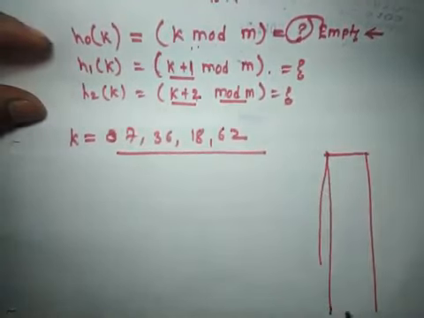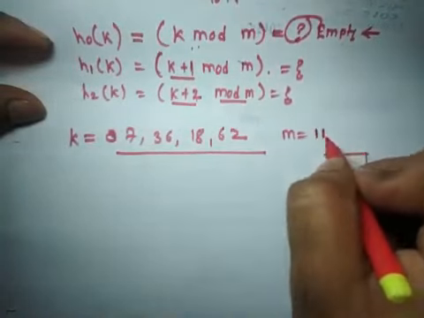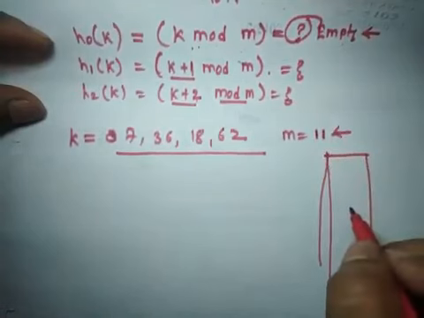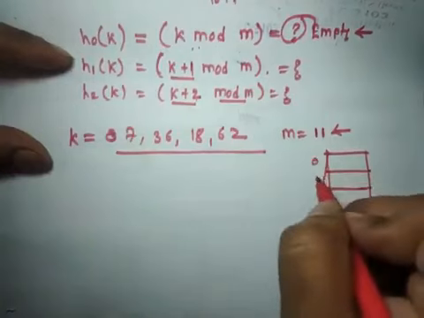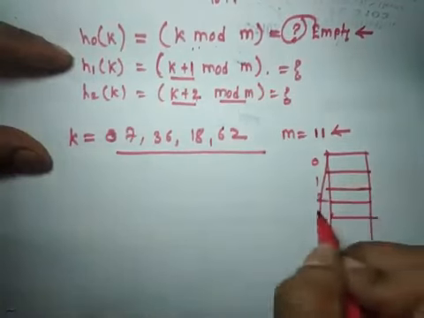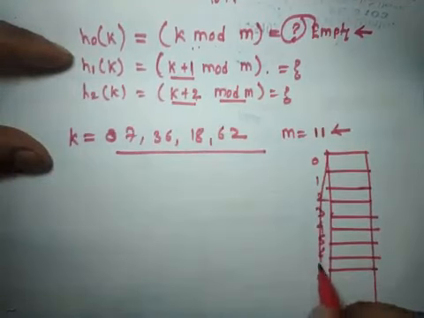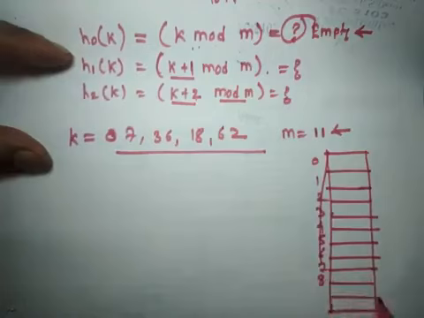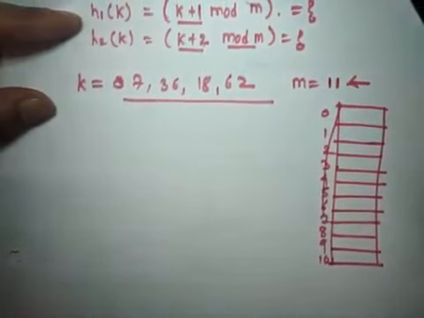Suppose our hash table size m is equal to 11, which means the hash table can hold 11 elements, with indexes 0 through 10.